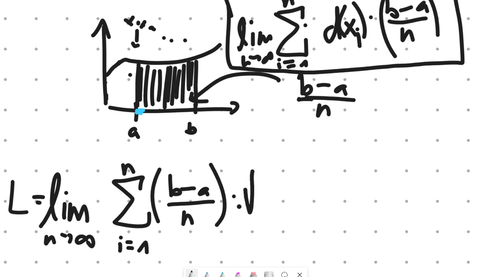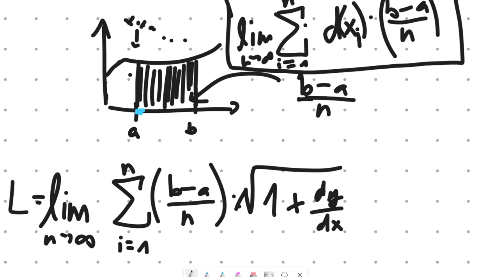So it's going to be the square root of 1 plus dy over dx to the second power times dx.